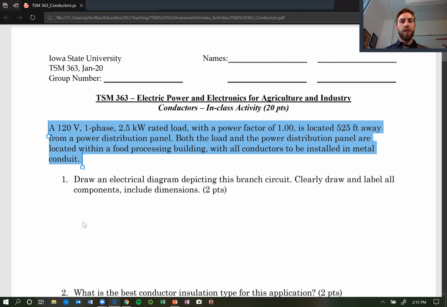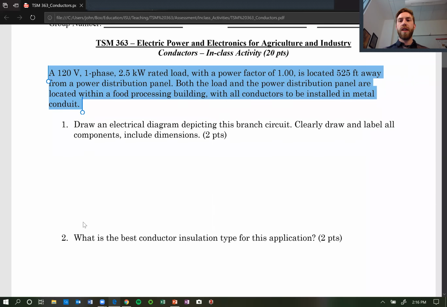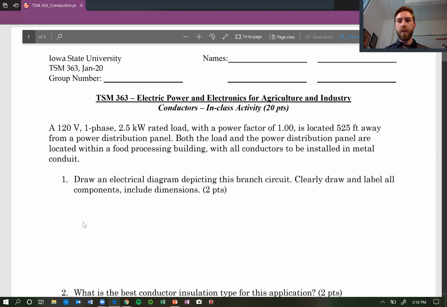We're going to follow down through that example application, and we'll work through a bunch of questions that relate to this setting.